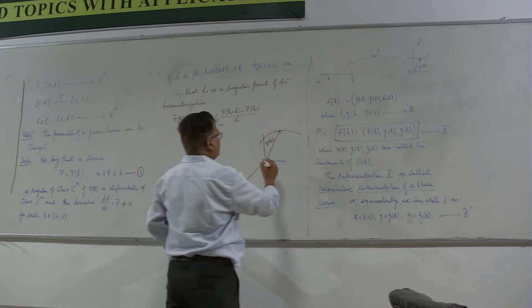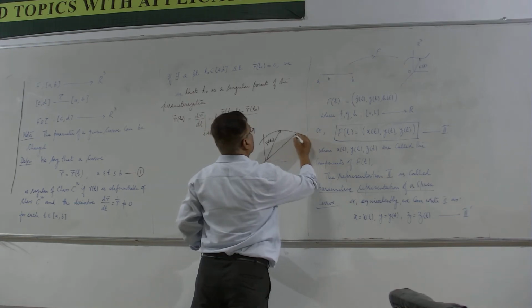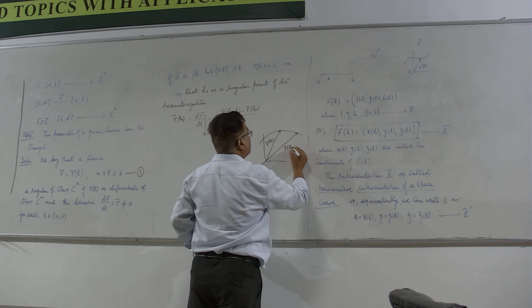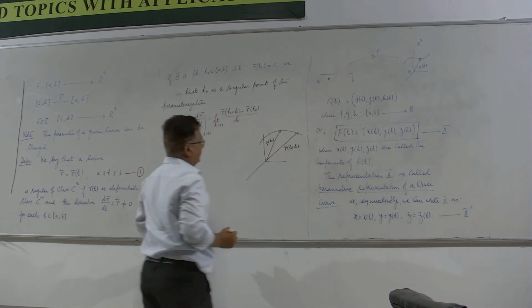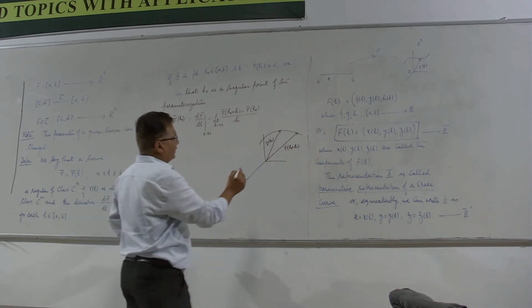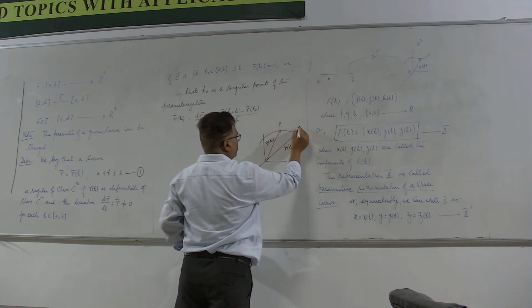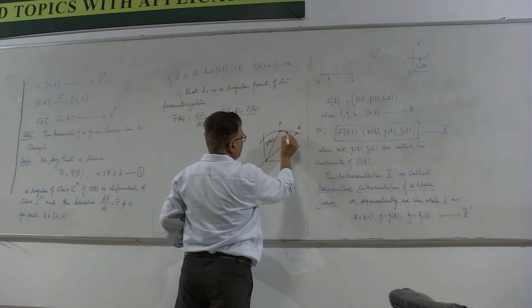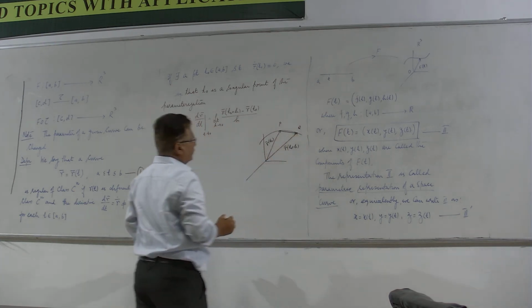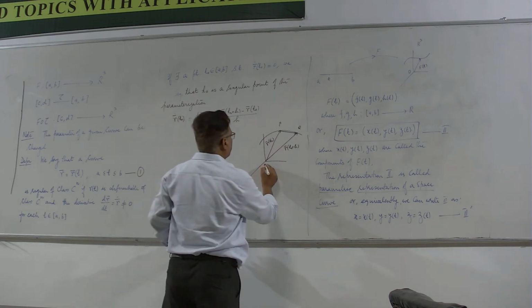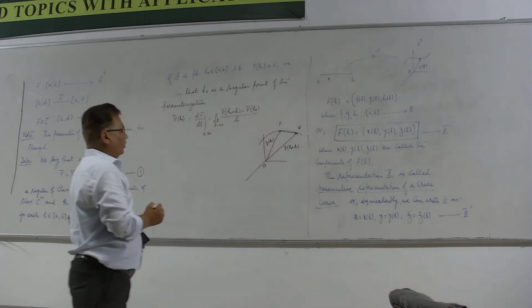If you make an increment h, suppose the vector r of t naught plus h is here, and suppose this point is P and this point is Q. The difference PQ is the vector OQ minus OP.